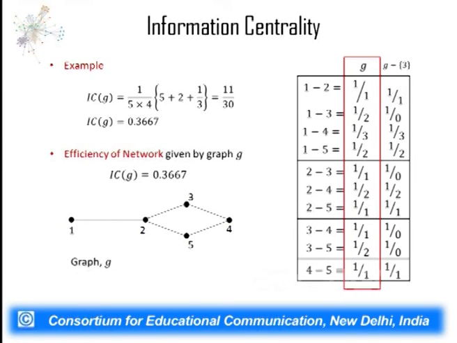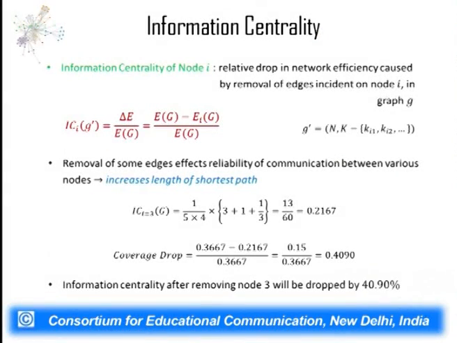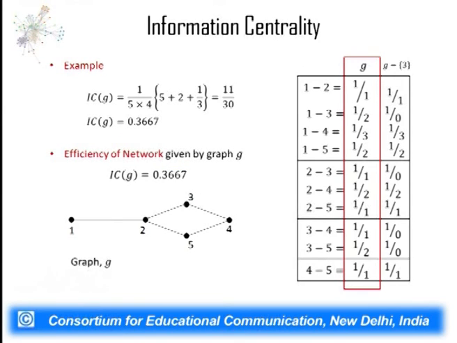Now what we can do is see the impact of removing a node from the network and try to capture the coverage drop. So we apply a very simple formula, the relative difference, here removing node 3. Before removing it, we captured the value of the entire graph, and then the graph without node 3.